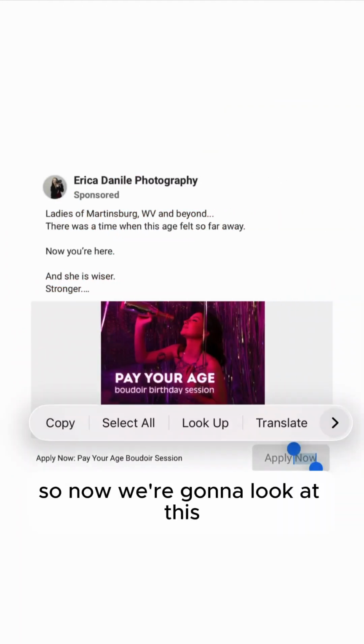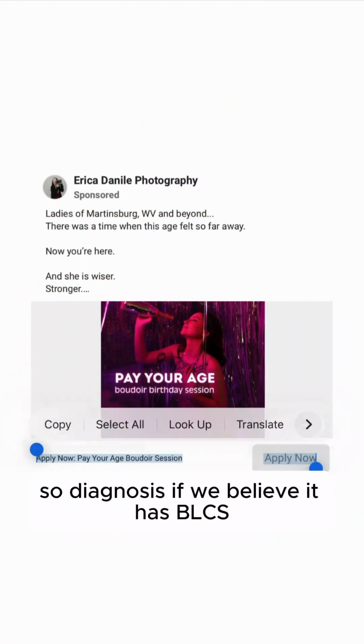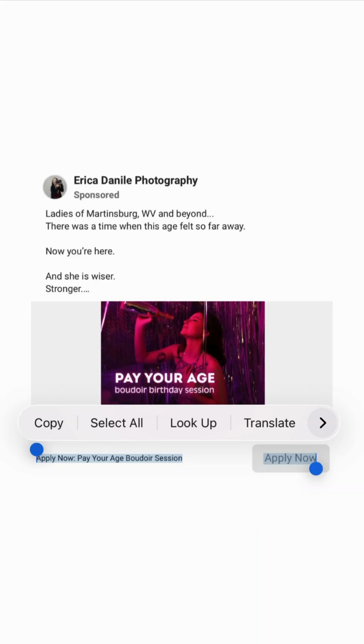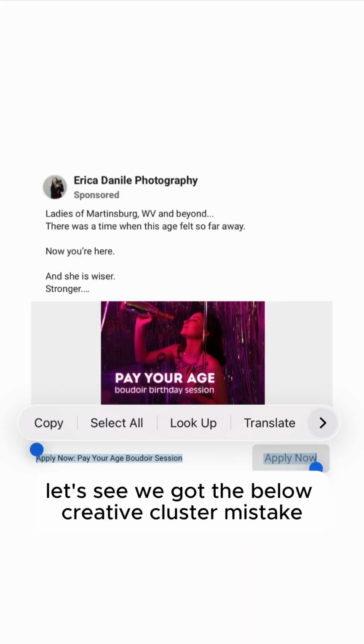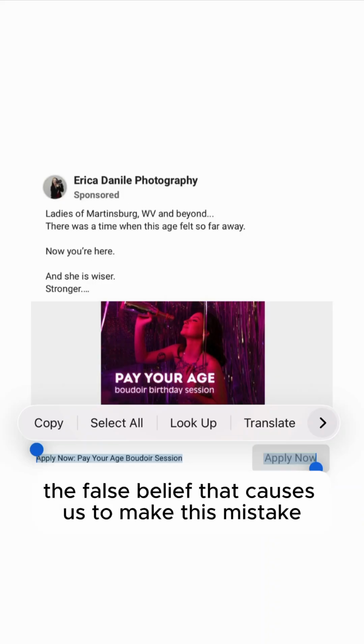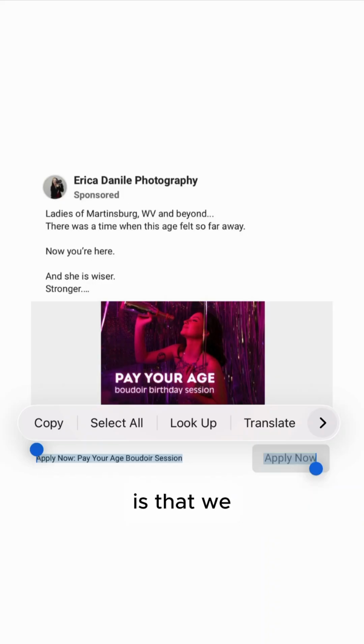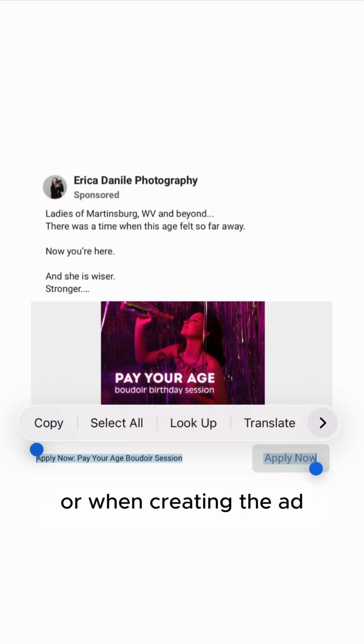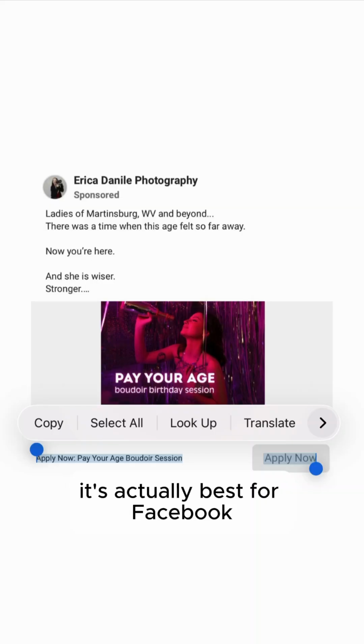So now we're going to look at this. Diagnosis: if we believe it has BLCS, aka boudoir low click syndrome, we've got the below creative cluster mistake. The false belief that caused us to make this mistake is that we believe that everything Facebook says we should fill out when creating the form or when creating the ad is actually what we should fill out and is best for us. But no, it's actually best for Facebook.